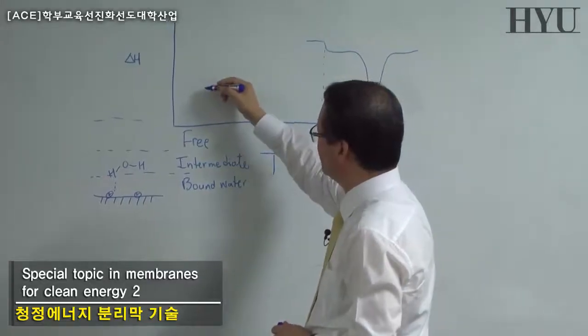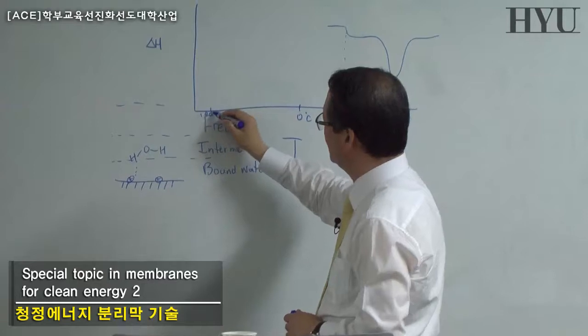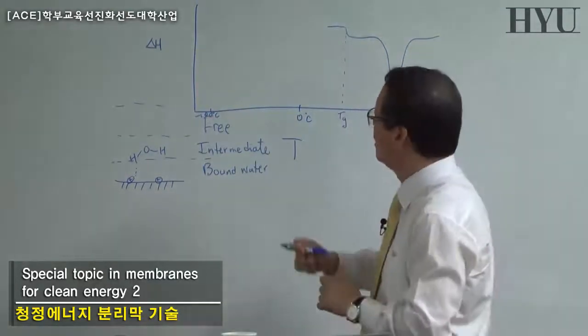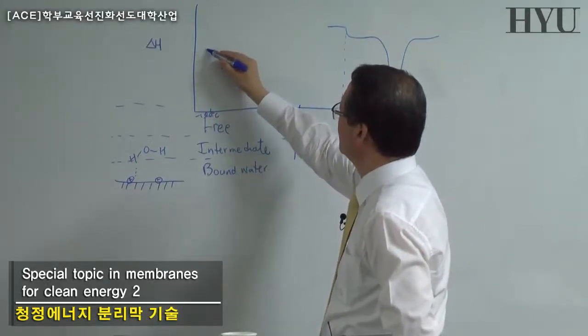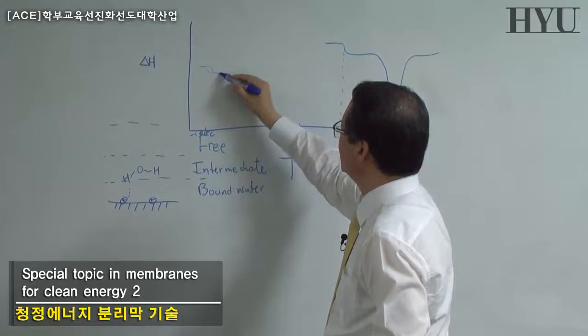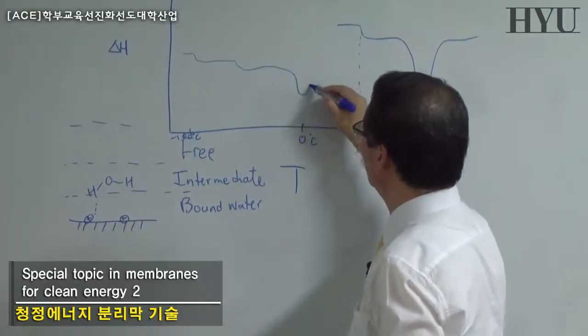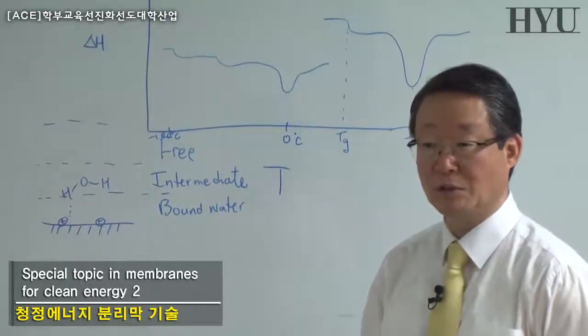Now, if you scan from, say, 100 degrees C down to sub-zero, minus 100 degrees C, we may have some transition curves like this in the water states.